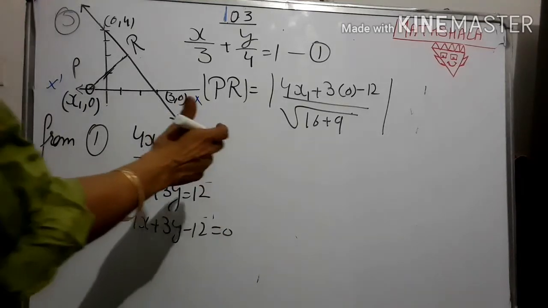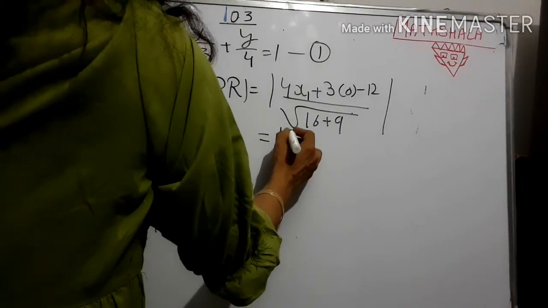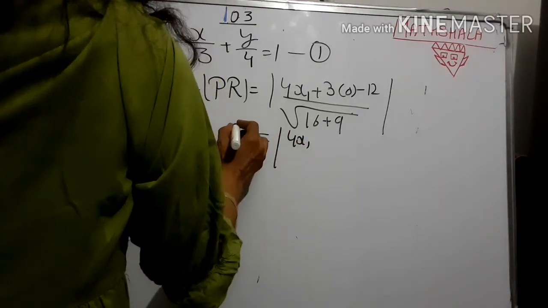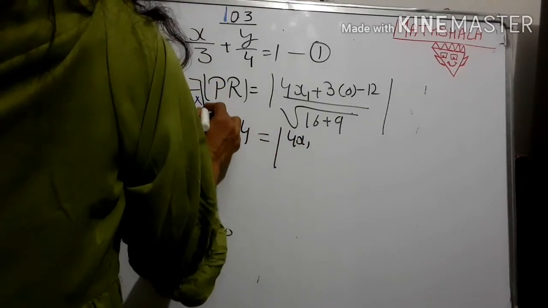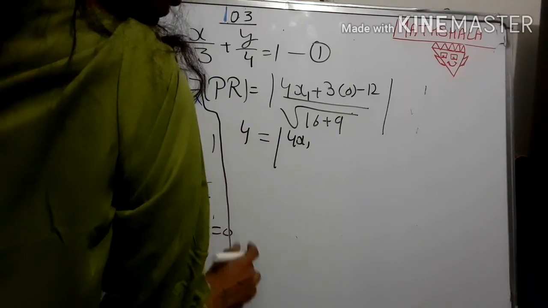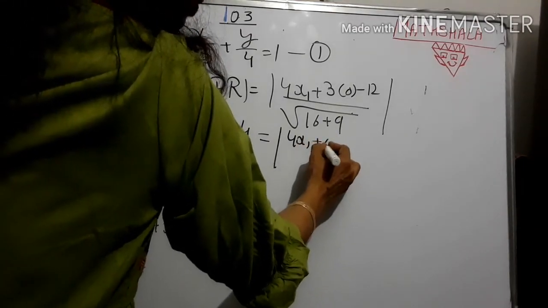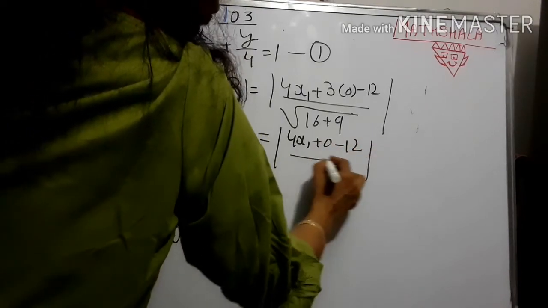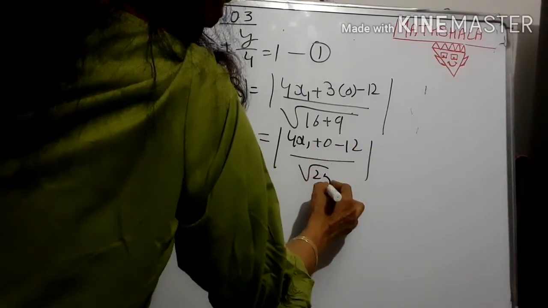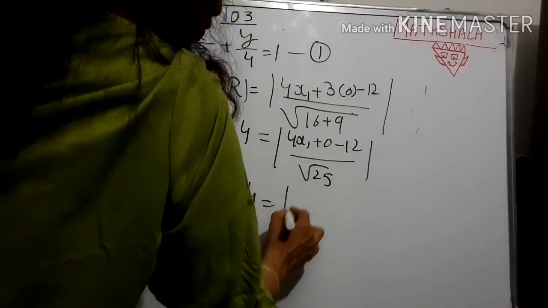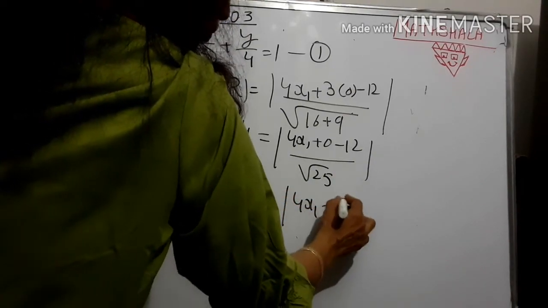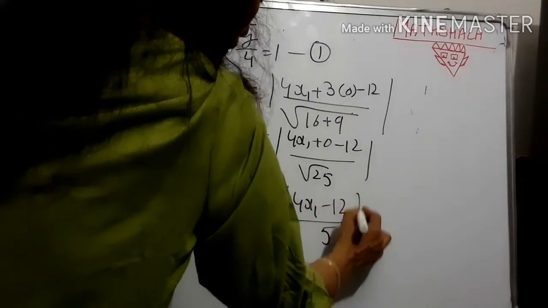So we have 4x1 and what is PR? This is equal to, यहाँ थोड़ा सा लाइन लगा देते हैं. It is equal to plus 0 minus 12 divided by 25. So it is 4, which is equal to 4x1 minus 12 divided by 5.